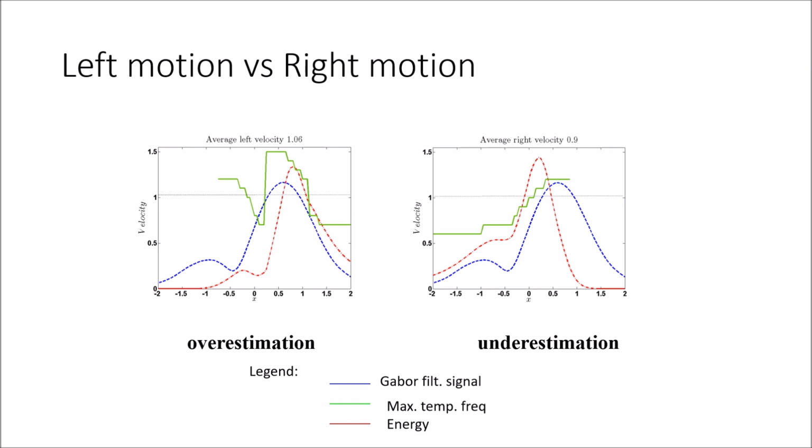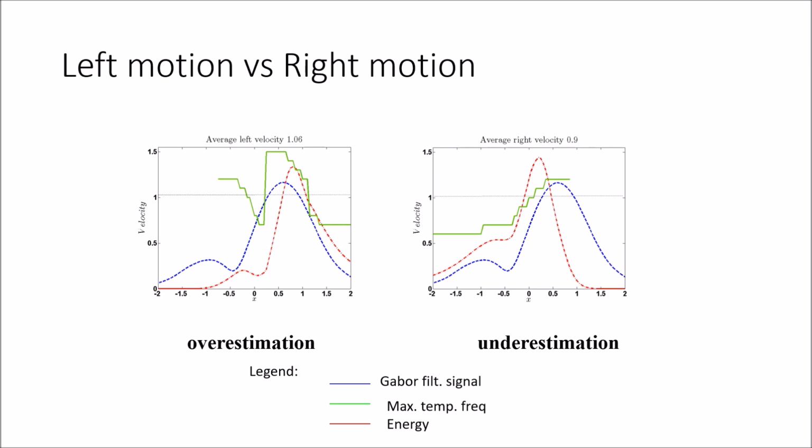While for a movement on the right, we would have a large underestimation for a large part of the curve and then only a small region on the right side of the curve that would give you an overestimation.